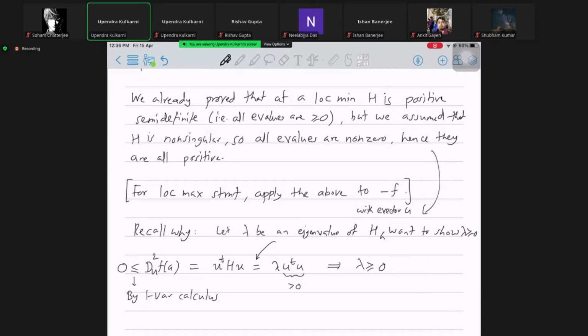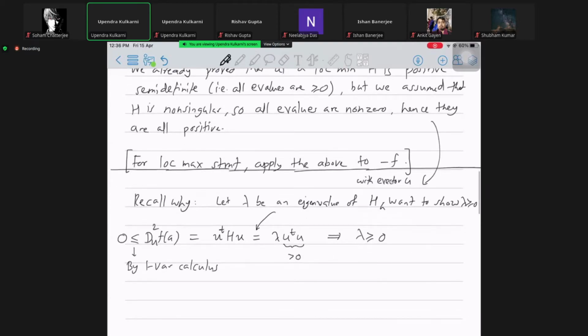Okay. So the proof finished here, but this is the recollection. With this in mind, we can now go back and revisit this saddle point business. So, meaning of saddle points.